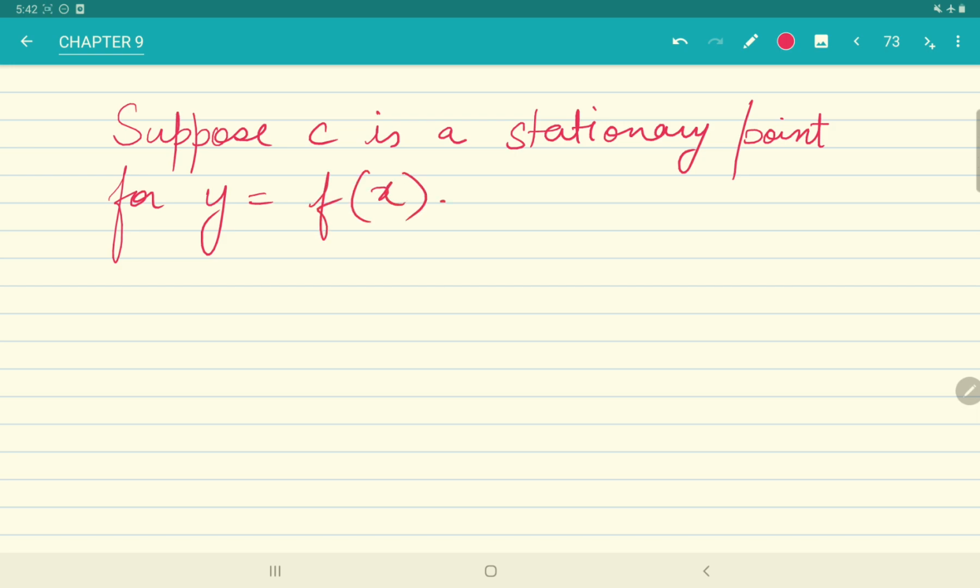So it is a stationary point, and we have a differentiable function f. Let's say C is a stationary point for this function. That means the first derivative at this point is equal to 0. Now we take up 3 cases.